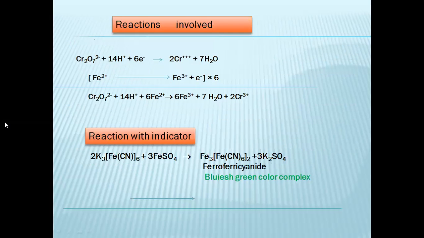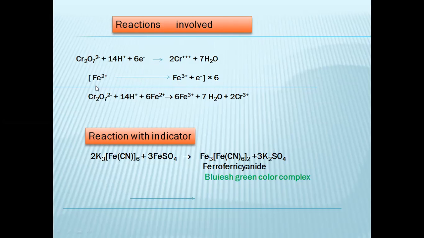Let us look into the reactions. Just now I told you that you will take Mohr's salt solution, add H2SO4, and then titrate against potassium dichromate solution. When you do so, the ferrous present in the Mohr's salt solution is oxidized to ferric. At the same time, the Cr6+ is reduced to Cr3+.